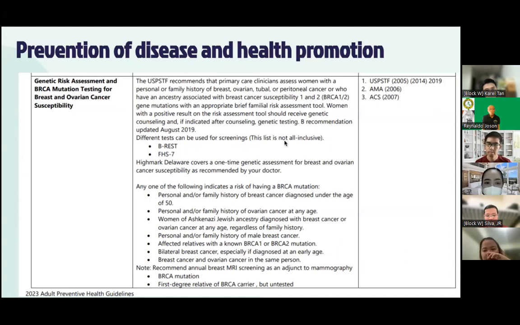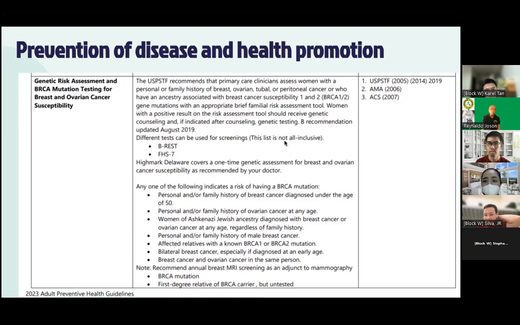So any of the following indicates a risk of having BRCA mutation: personal or family history of breast cancer diagnosed under age of 50, personal or family history of ovarian cancer at any age, women of Ashkenazi Jewish ancestry with breast or ovarian cancer at any age, regardless of family history, affected relatives with a known BRCA1 or BRCA2 mutation, bilateral breast cancer, especially if diagnosed at an early age, breast and ovarian cancer in the same person.